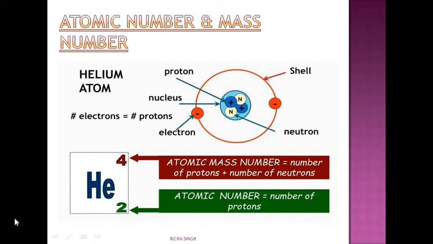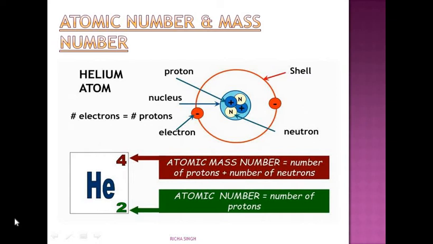Thus, if we define atomic number, the number of protons present in the nucleus of an atom of an element is known as the atomic number of that element, and it is represented by letter Z. Now, if you see the slide, here is the atomic model of helium atom.